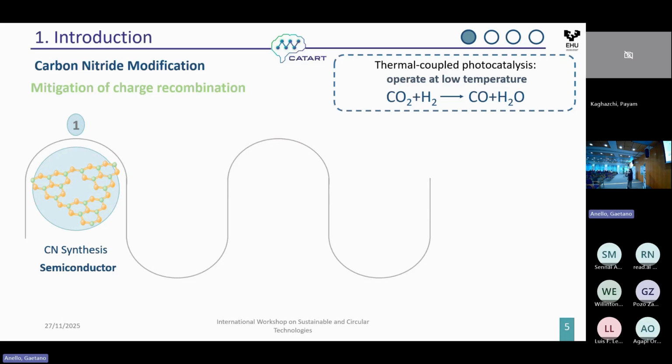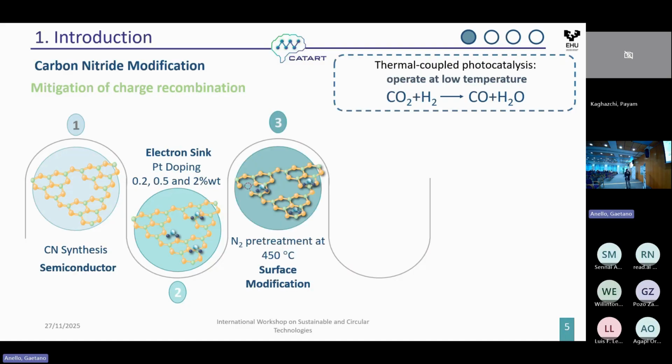So we have our carbon nitride synthesis, and we are going to dope it with different amounts of platinum between 0.2 and 2%. This platinum will not only act as an active site, it will also act as an electron sink.